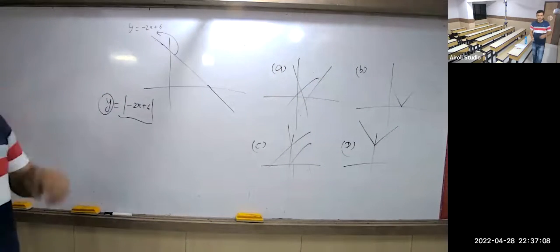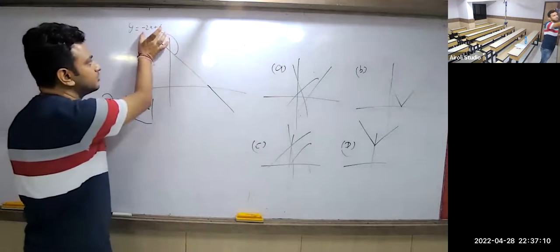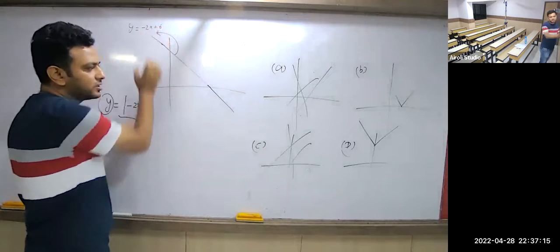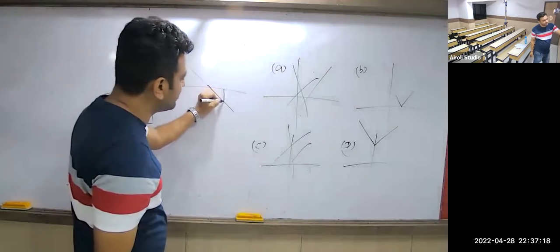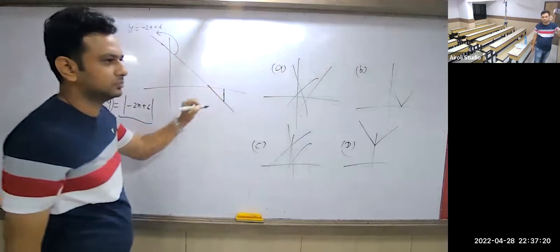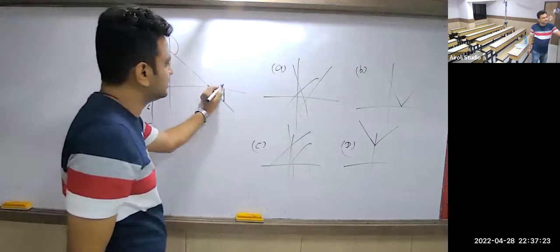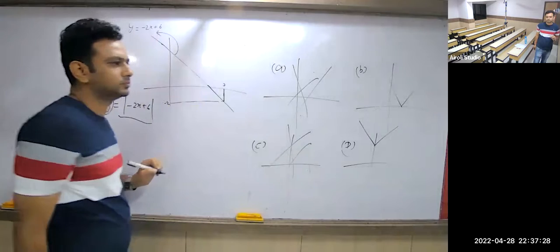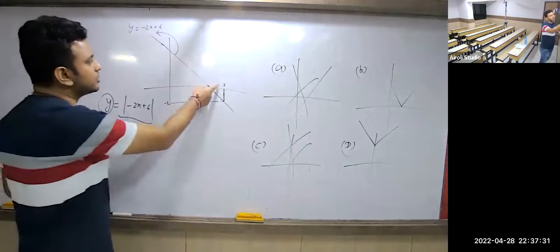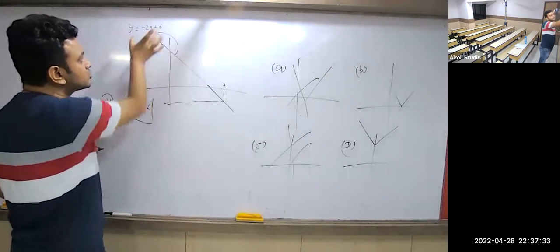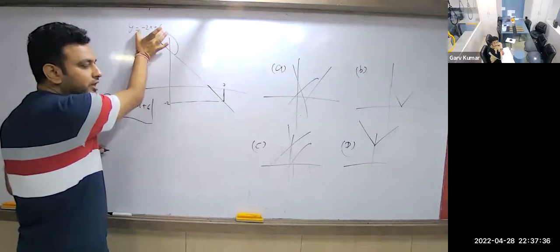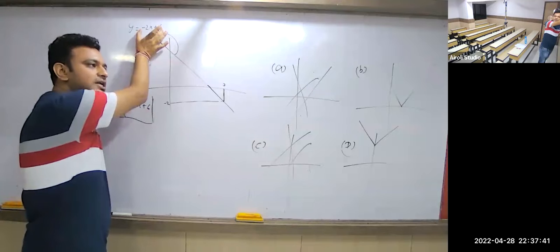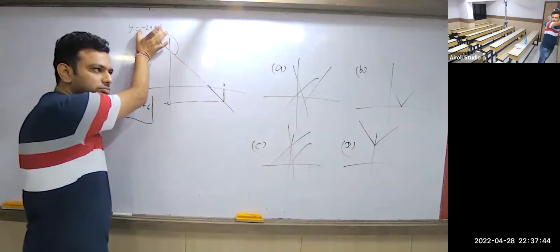Actually, in this curve, let's say I'm putting any value of x, y will be negative. Let's say I'm taking 3, a random example, and I'm getting the y value as -2. That means when you put the value in x, you will get -2. And when you put the mod sign, that -2 will become +2.